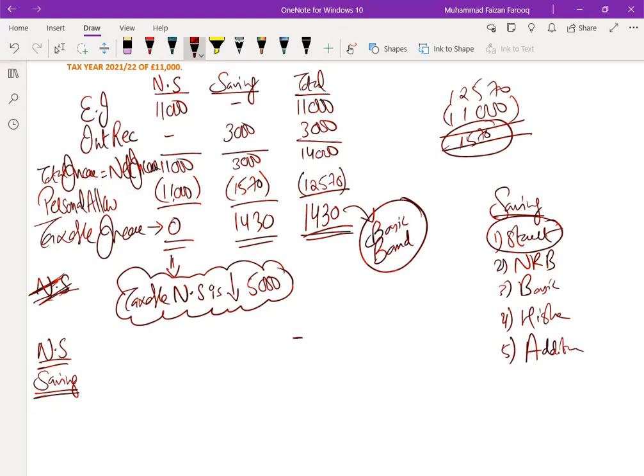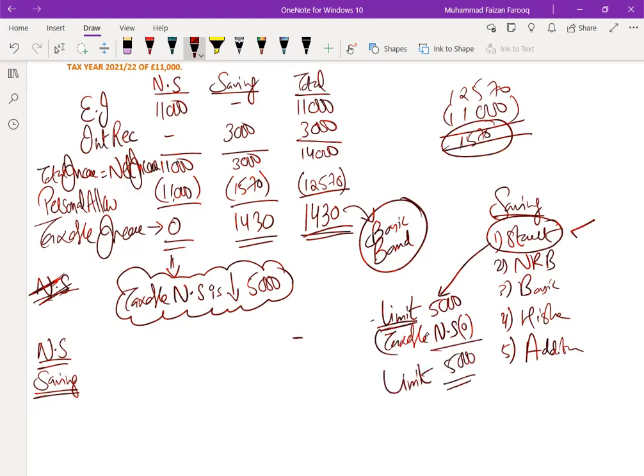When non-savings are less than 5,000. So here start band will apply, yes. What is the limit of start band? The limit is 5,000 minus taxable non-savings, which is zero.